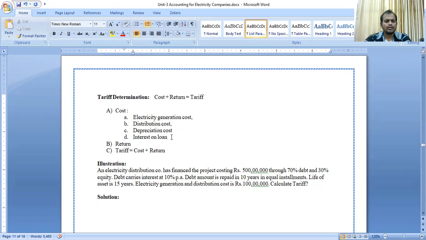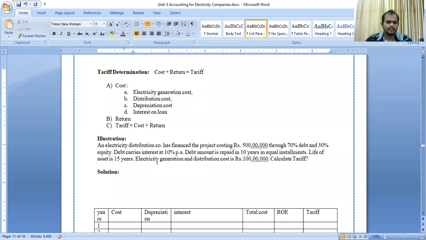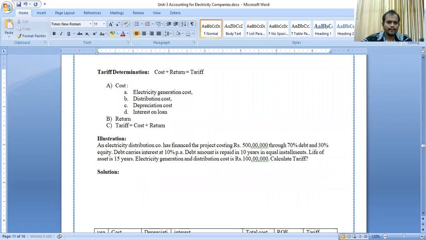So with this information, we'll solve the following illustration. It's very easy to calculate the tariff.